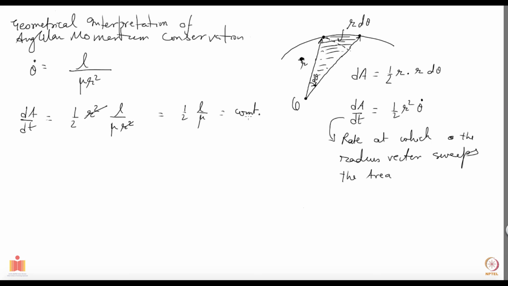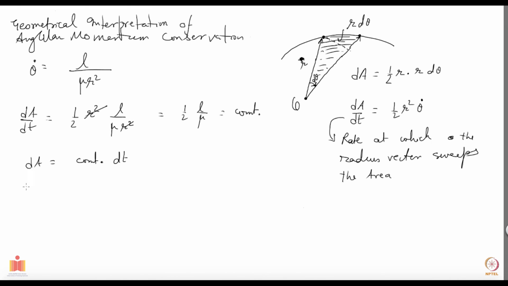Okay, so I can write it this way: dA is this constant which you have found, half L over mu, into dt.